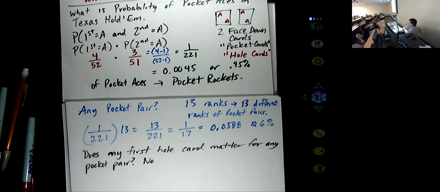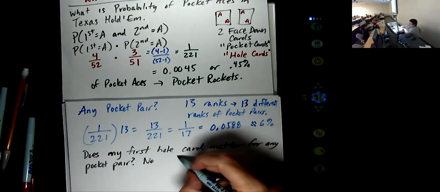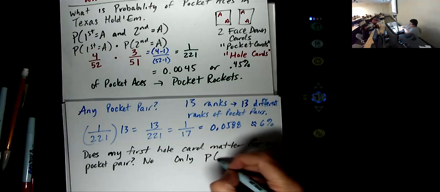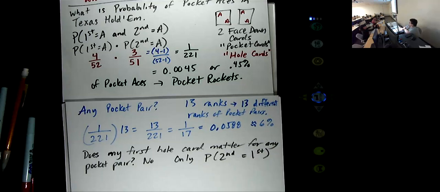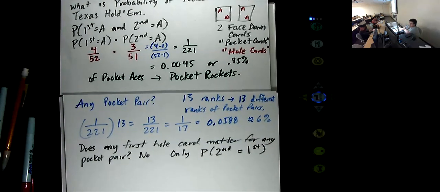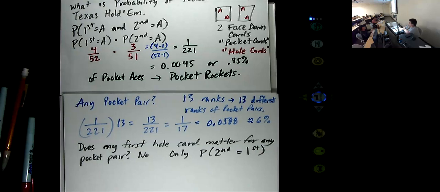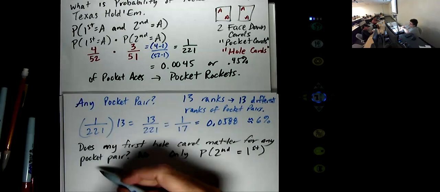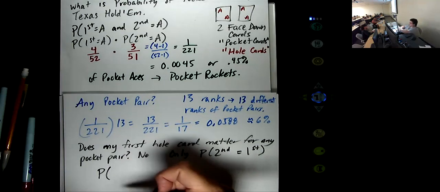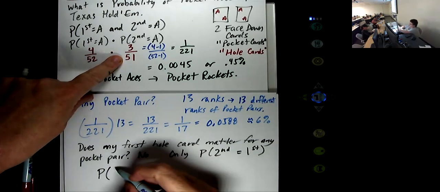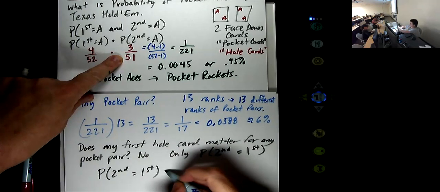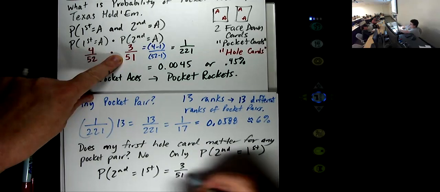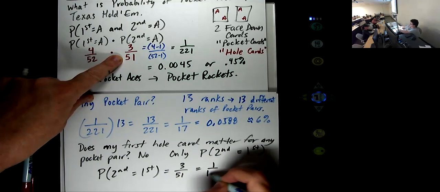No, it doesn't. Only the probability that the second equals the first. That's all that matters. The probability that the second card equals the first, we actually just wrote it down up here, is 3/51. And if you simplify that, you get the 1/17.